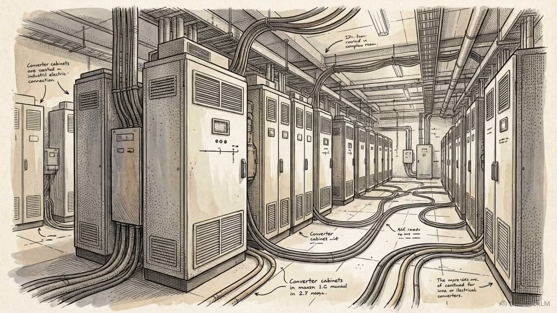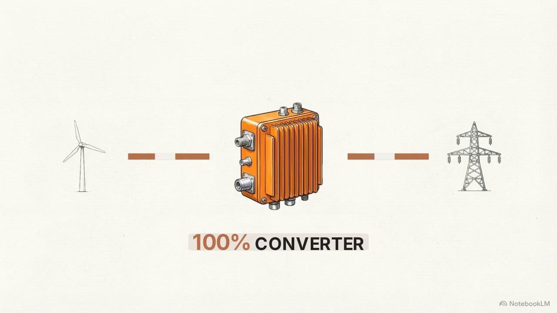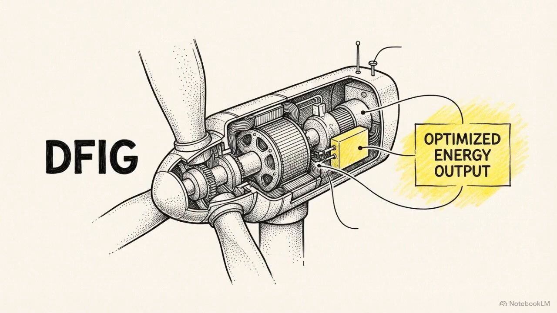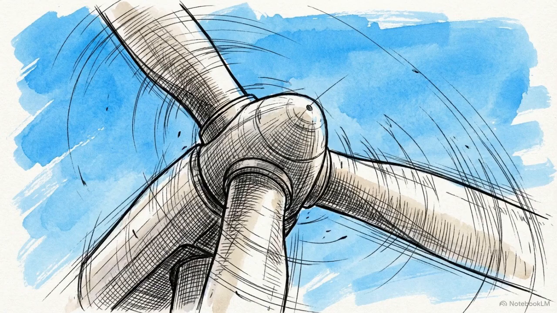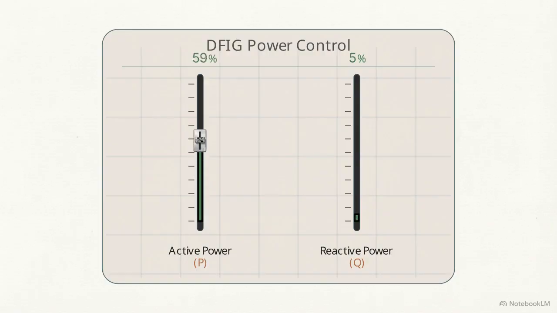This differs from full-scale converter designs, which require larger, more expensive hardware to process 100% of the generated power before it reaches the grid. The Doubly Fed Induction Generator, or DFIG, achieves system efficiencies higher than 94% by utilizing this partial-scale approach. This configuration allows the turbine to vary its rotor speed to match wind conditions while maintaining independent control over active and reactive power.